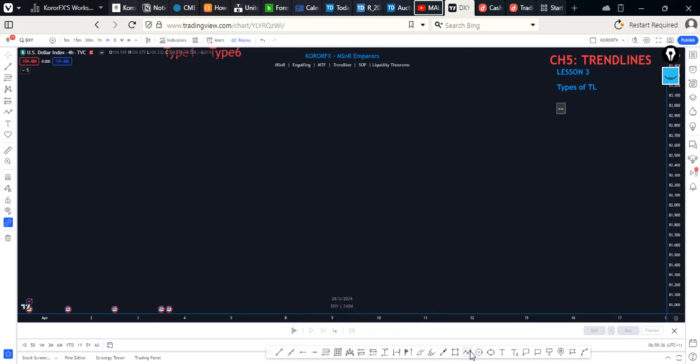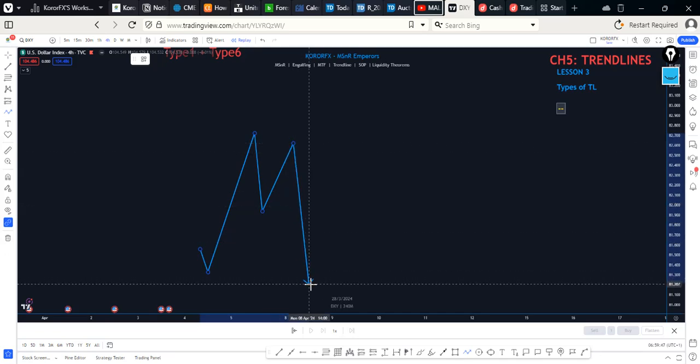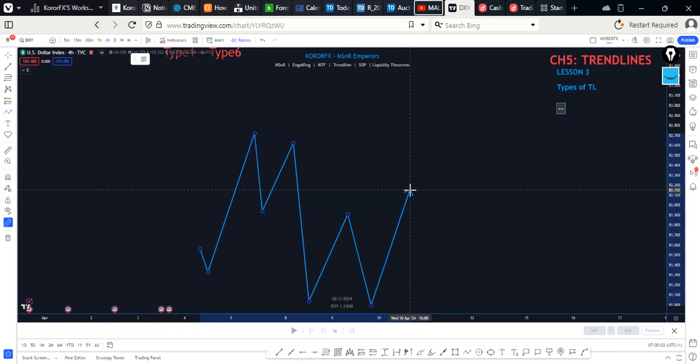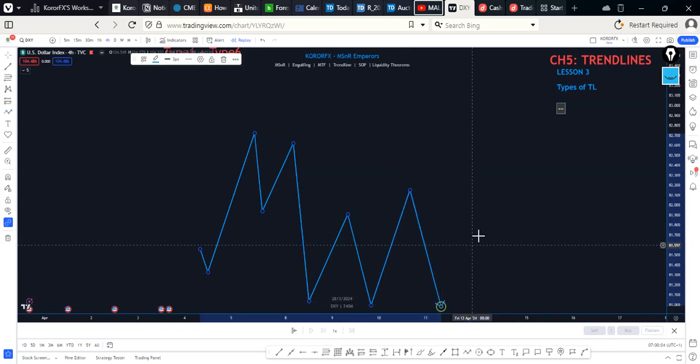So first of all, price really goes up and creates the type 1, and then price moves down. You can see that we broke this structure, for instance, and then price comes here and then goes down, and then goes up and then sells off.